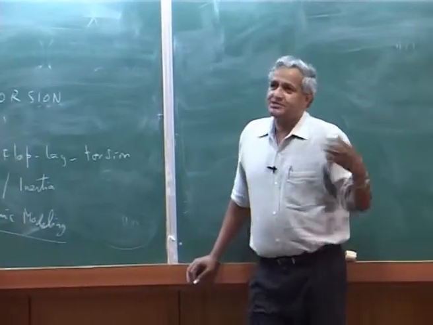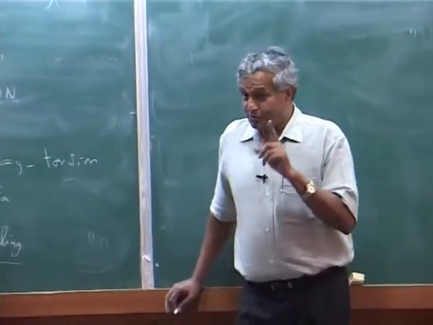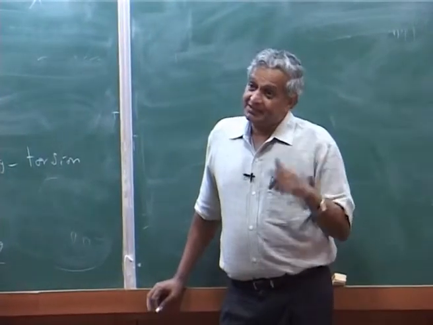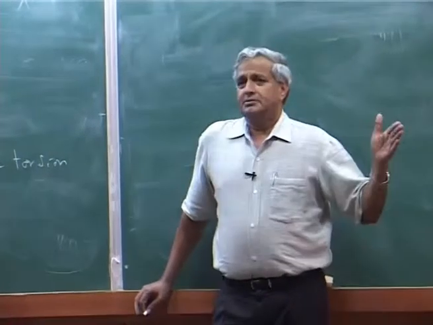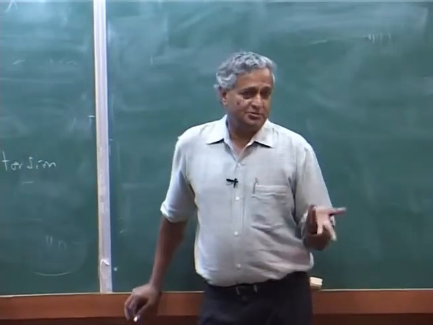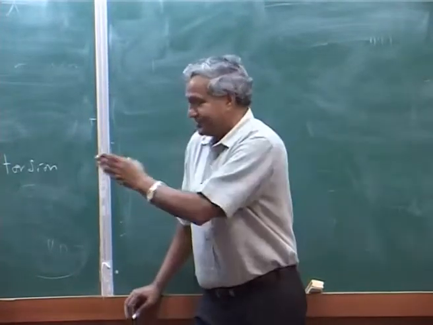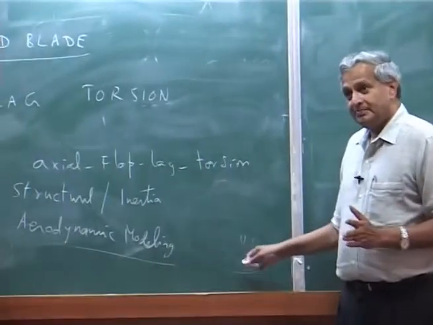Another one is the unsteady aerodynamic model for getting lift, drag, moment, etc. Please note, one is getting only the inflow. Another one is getting lift, drag, moment on the section. So if you want to include stall models, develop stall models in 2D, and then use them in 3D. One can get into this also.